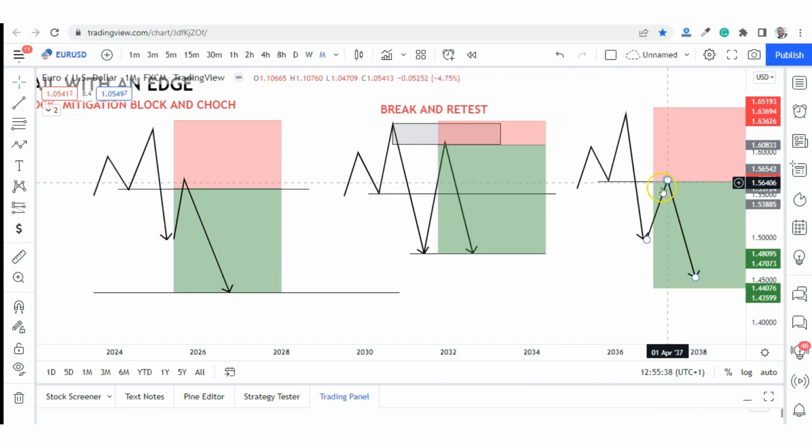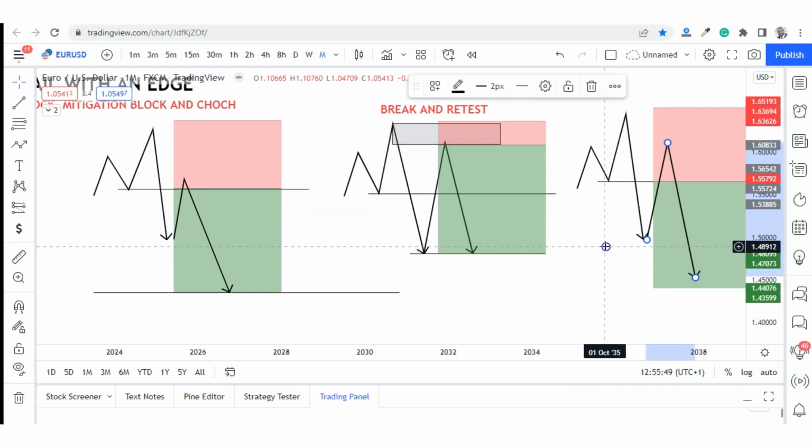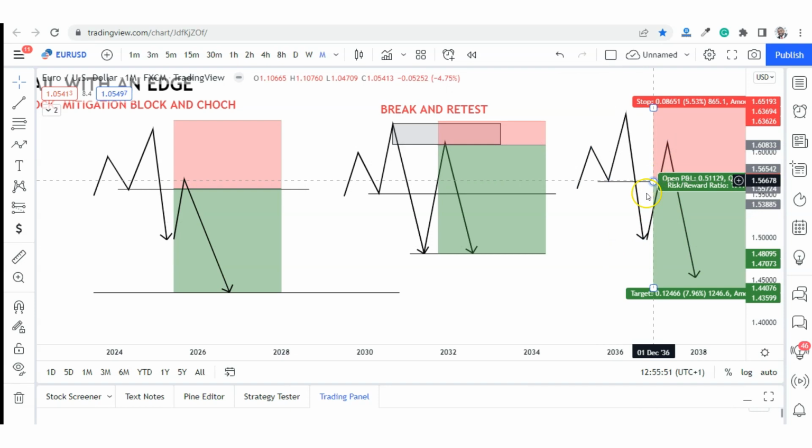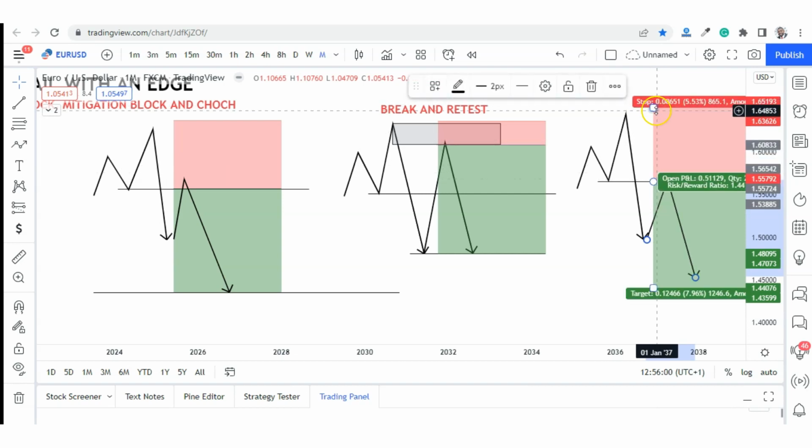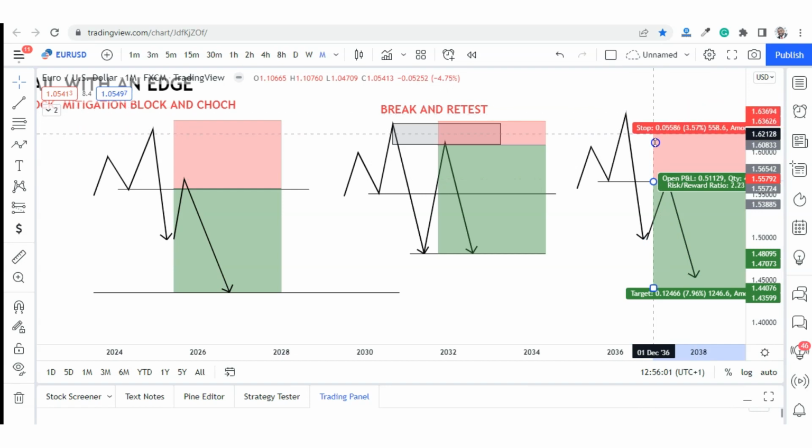Now once the retail traders are already in here, the smart money concept might wait for the order block to be tapped before they move in, and sometimes they might miss the trade. But the retail trader will not miss this trade, because when price trades back in here, it will put them in the market. The problem why some retail traders lose is that they do not understand the point of invalidation.